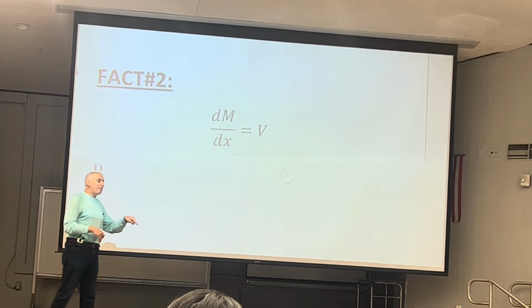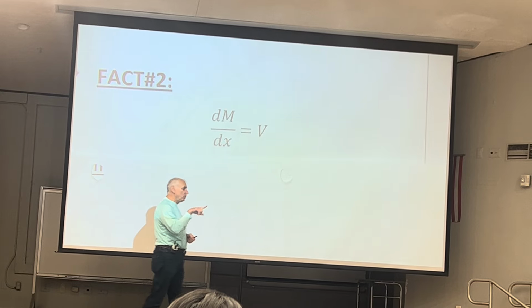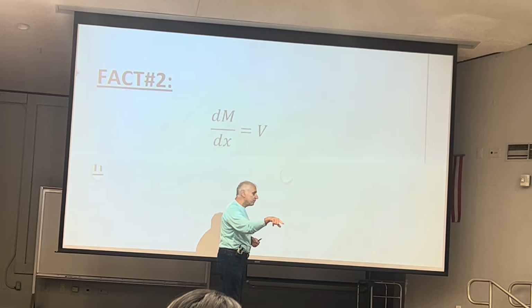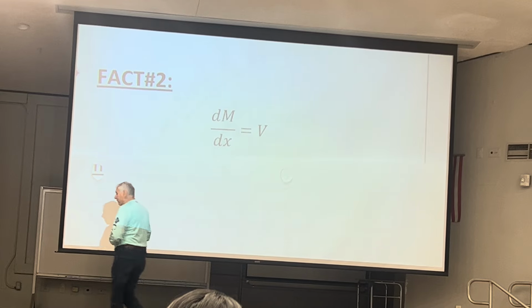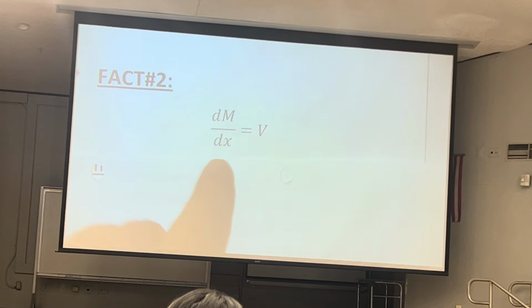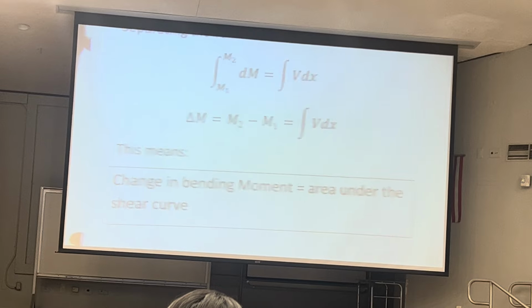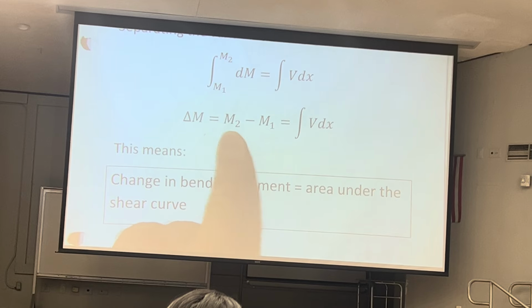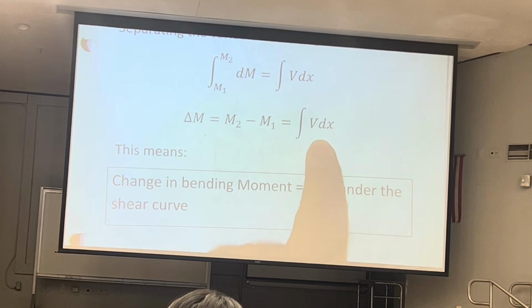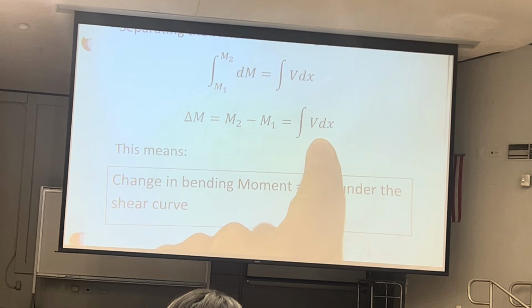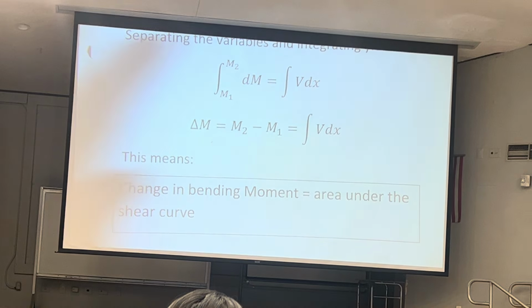The slope of my bending moment is equal to the shear. Again, in that form, not so useful, but if I separate variables, put the dx over with the V, I'm going to get change in my bending moment from 1 to 2 is equal to the integral of V dx. The integral of V dx is the area under the shear diagram.